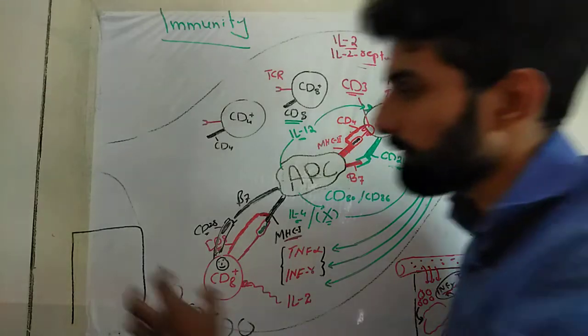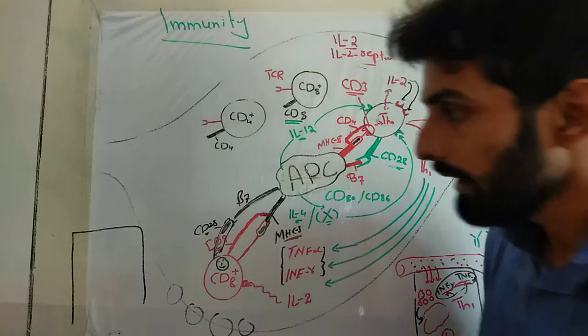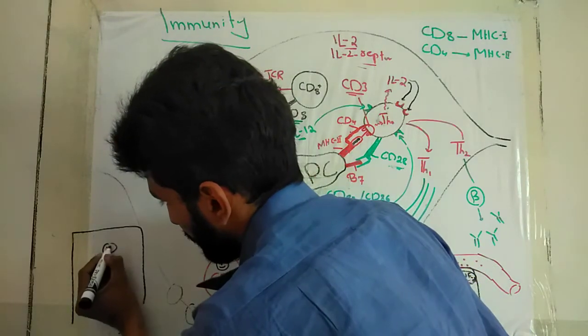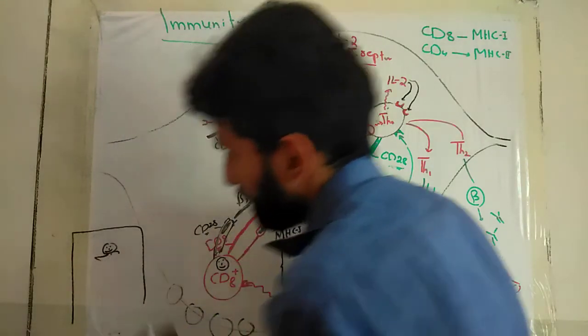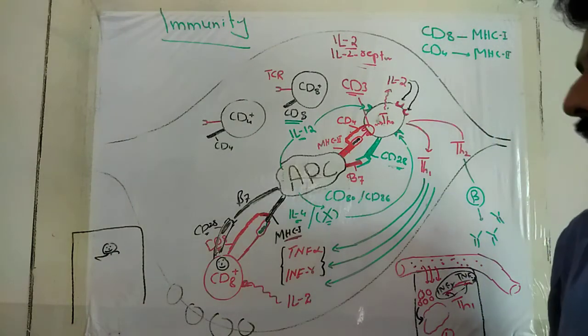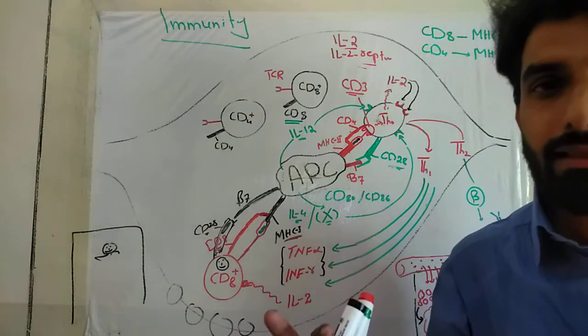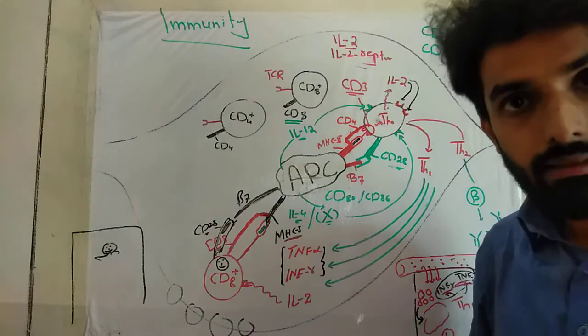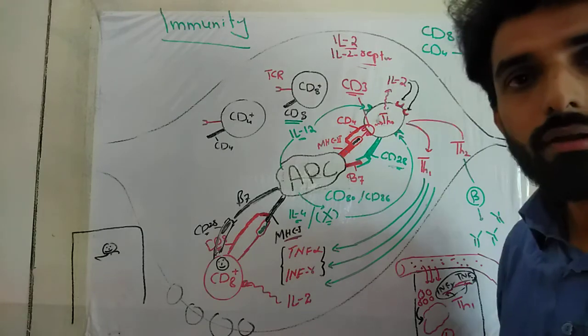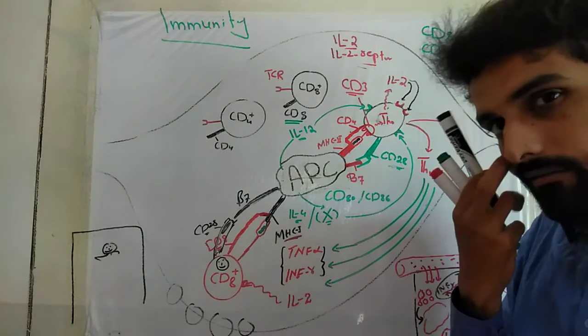Now this is a normal healthy cell, and it has been infected with the pathogen, with bacteria. You know that every healthy cell has the capability to digest or dissolve the invading foreign particle.